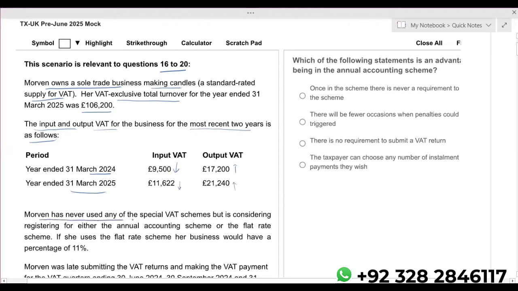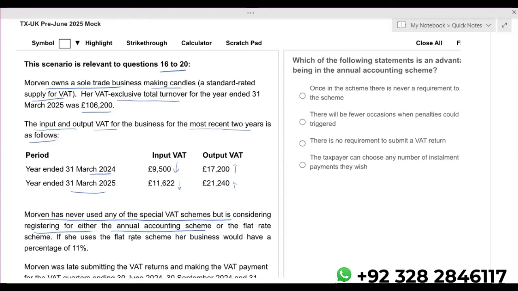Morven has never used any special VAT scheme but is considering registering for either the annual accounting scheme. Actually, if you go for the annual accounting scheme, the benefit is you will be submitting just one VAT return. But in an annual accounting scheme, you will have to make VAT payments in 9 equal installments.